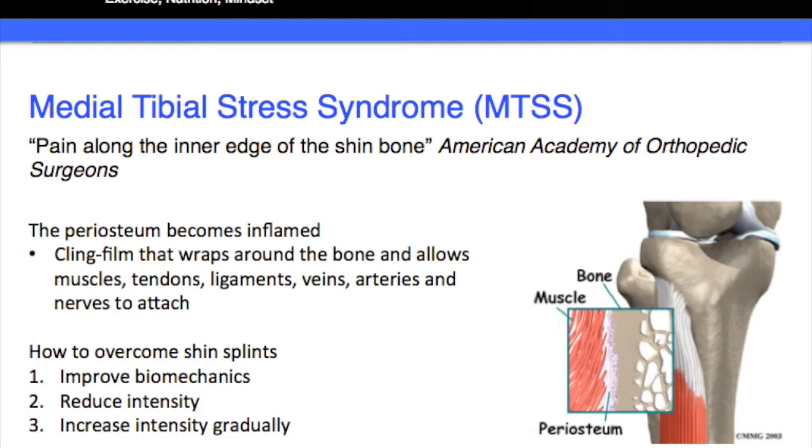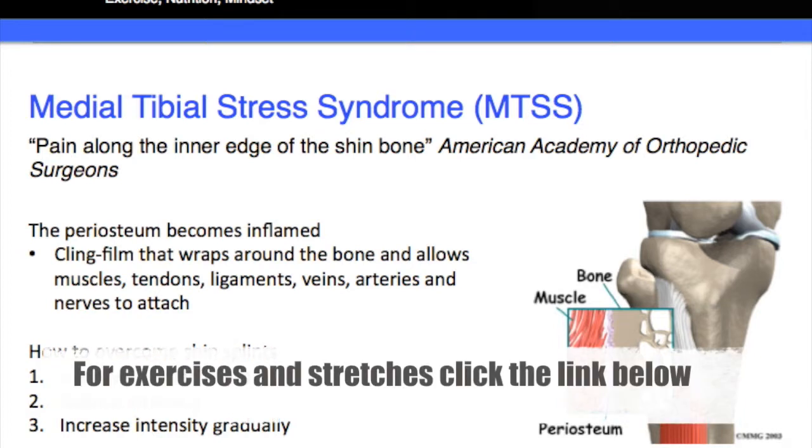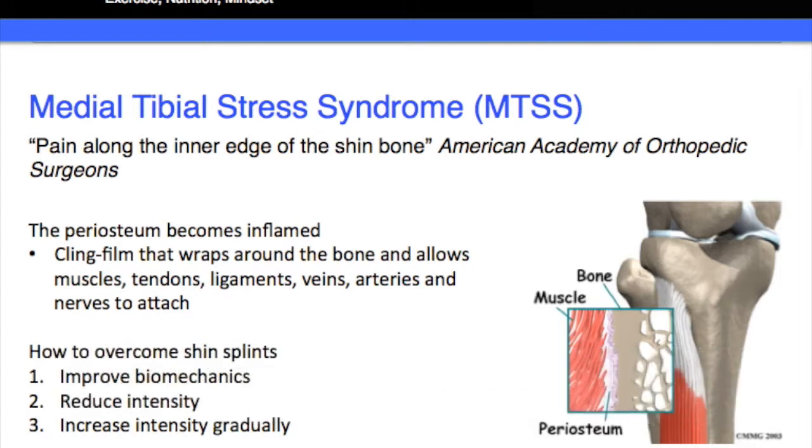What it's caused by is an inflammation of the periosteum. The periosteum is a part that wraps around the bone, and I describe it in the classroom when I'm teaching as cling film that wraps around the bone. If you can imagine this big long bone and you wrap cling film around it, that's the periosteum. Its job is to allow tendons, more so than muscles, but tendons, ligaments, veins, arteries and nerves to attach.